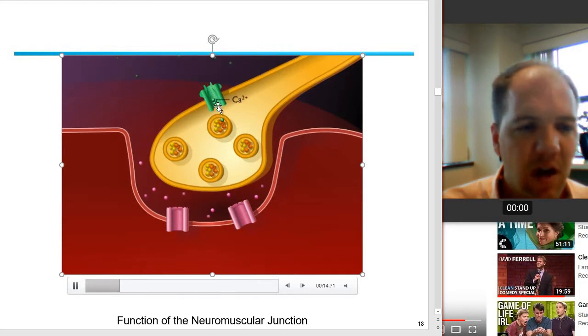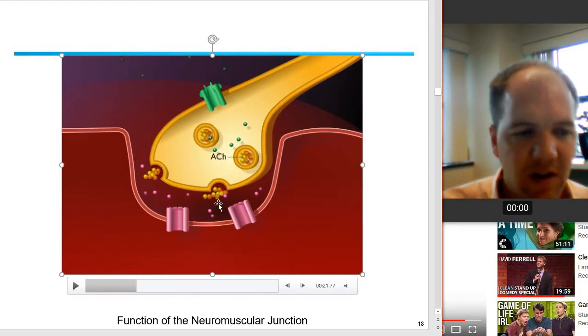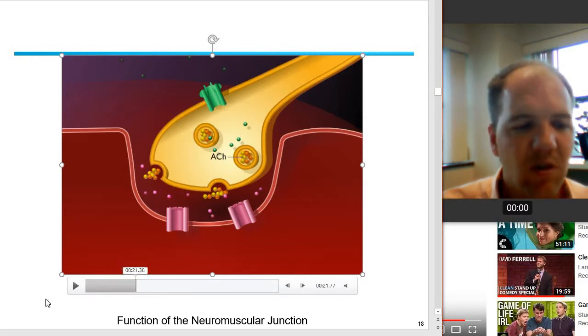The signal causes these channels to open, which bring in calcium. Calcium triggers these little vesicles to move to the edge of the axon. Now these little vesicles are surrounded by membrane, and it's the same as the plasma membrane of the axon terminal. As these reach the end, they join with the membrane, and that allows the acetylcholine to be released out into the synaptic cleft.